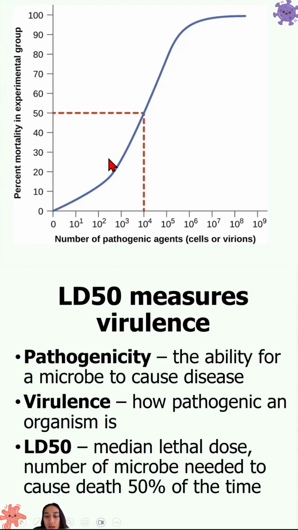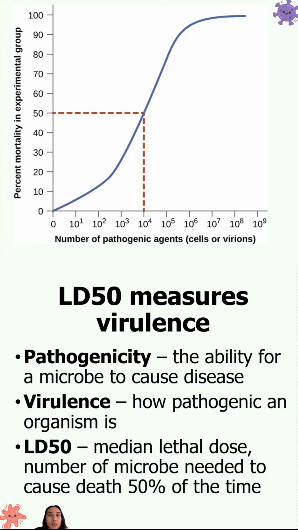But the mice that were exposed to a small amount of the virus or bacteria, they probably survive. And so, again, this is the percent mortality. So, how much of them were dead and how much of them did not die. And so, basically, the LD50 is the point at which about half of the mice will die when you expose them to that number of pathogen, whether it's a bacteria or virus.